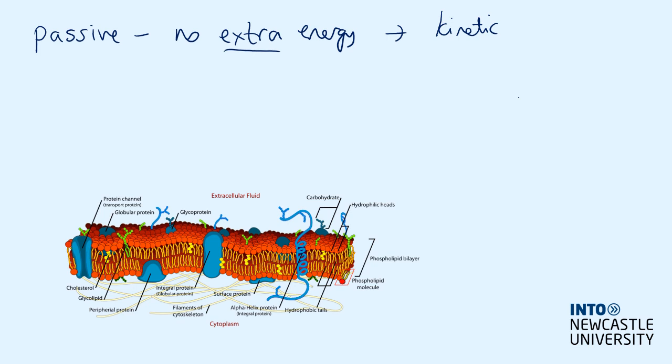So as such, we are still being transported across the membrane from a high concentration down to a low concentration. That's the net movement. But remember, the molecules can go in both directions, but we just have a tendency to go from high to low concentration.